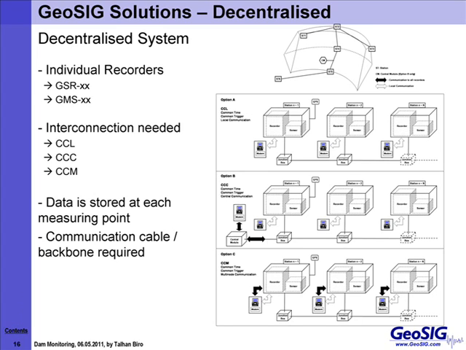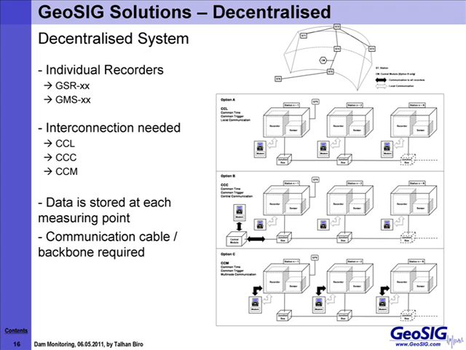We are talking about individual recorders that are distributed next to or at measuring points together with the sensor. Of course, in this case there will be an interconnection which we will cover after this slide, what all this mean. But then there are features in this decentralized solution is that the data is stored at each measuring point.